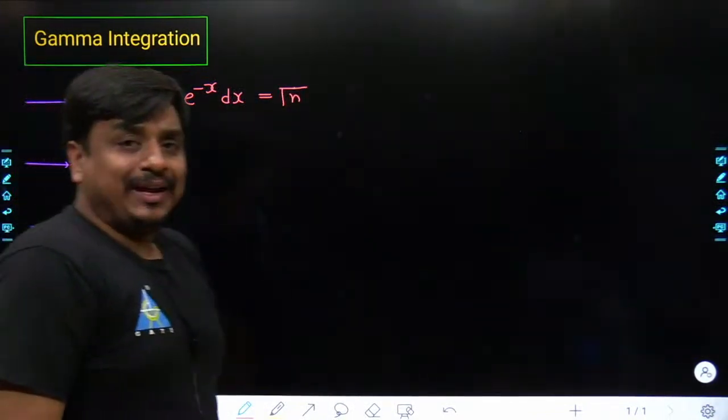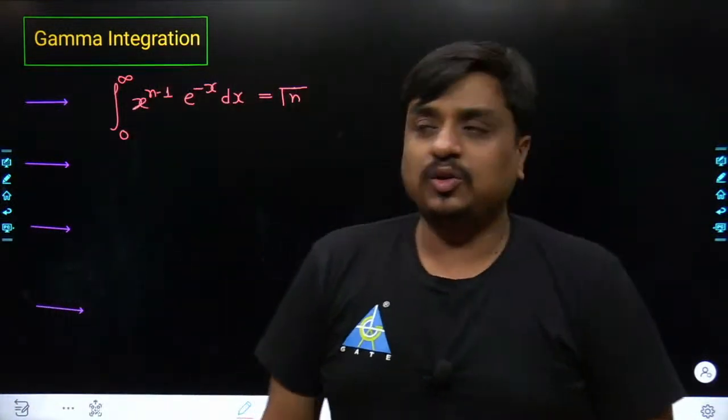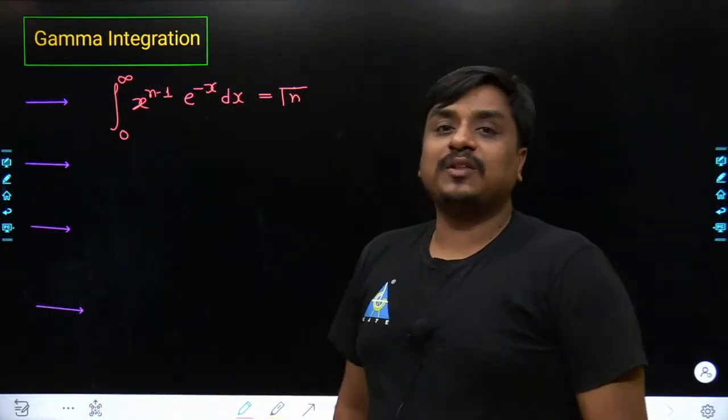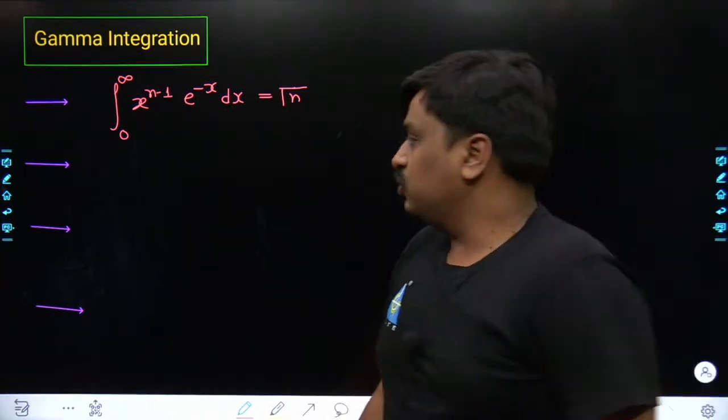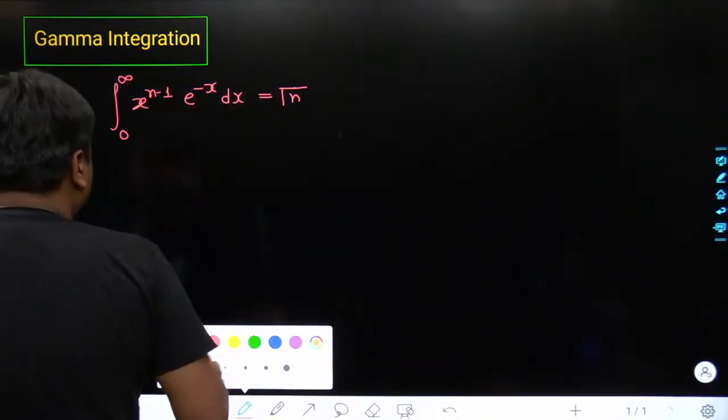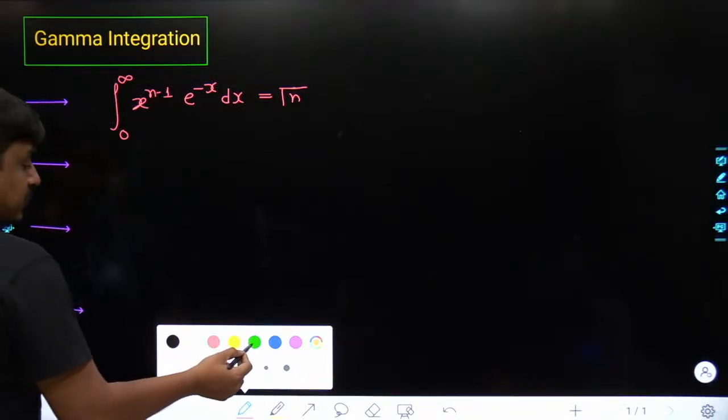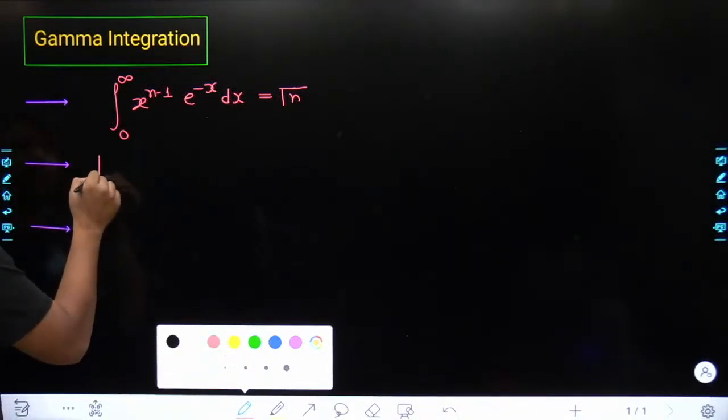When you do the integration with the help of gamma integration, a few important properties of the gamma integration are useful in most cases. So let me write a few of the important properties which are followed by the gamma integration.